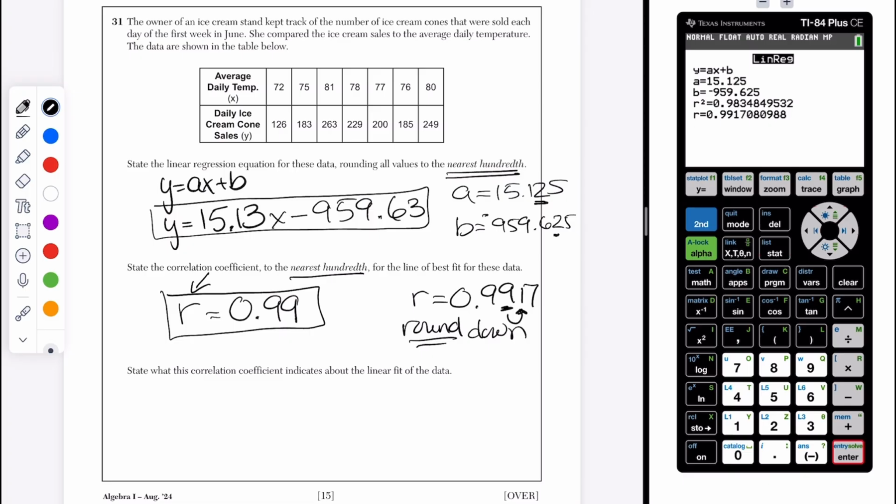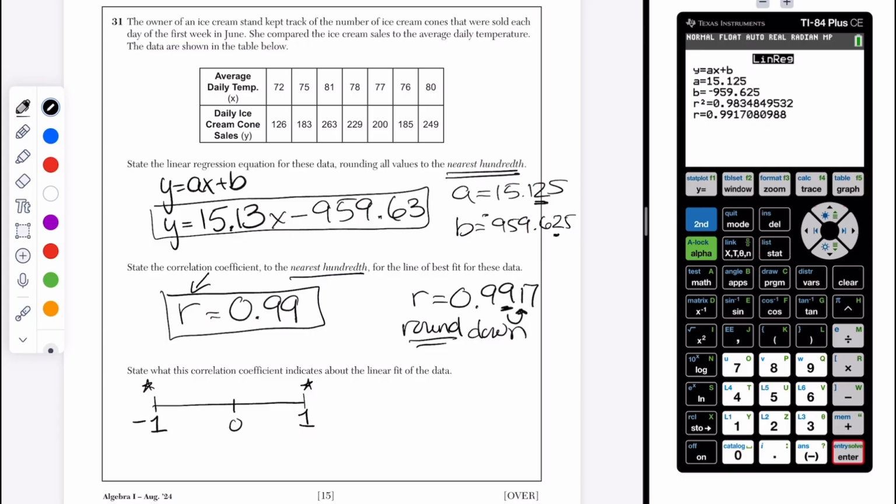And now we have to say whether or not this correlation coefficient, what does it say about the line of fit? Is it strong or not? So this is kind of the way we think about it on a number line. It's a line going from -1 to 1. And if it's very close to 1 or very close to -1, it would be a strong correlation.